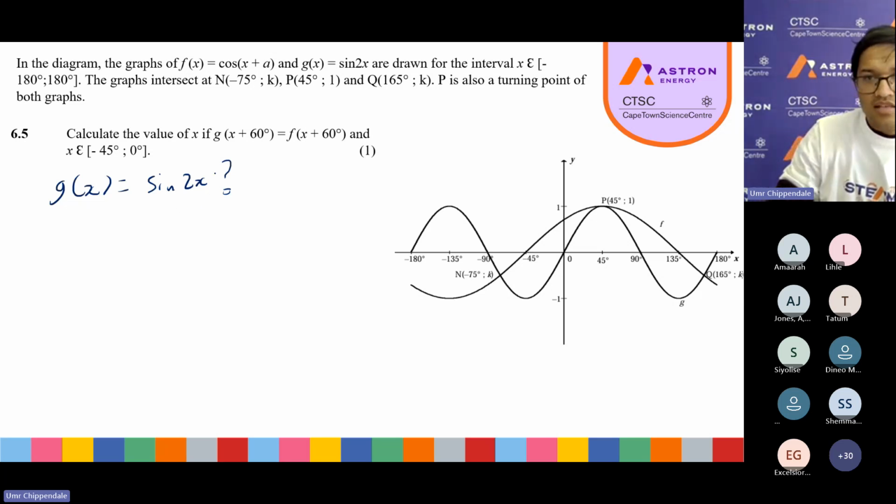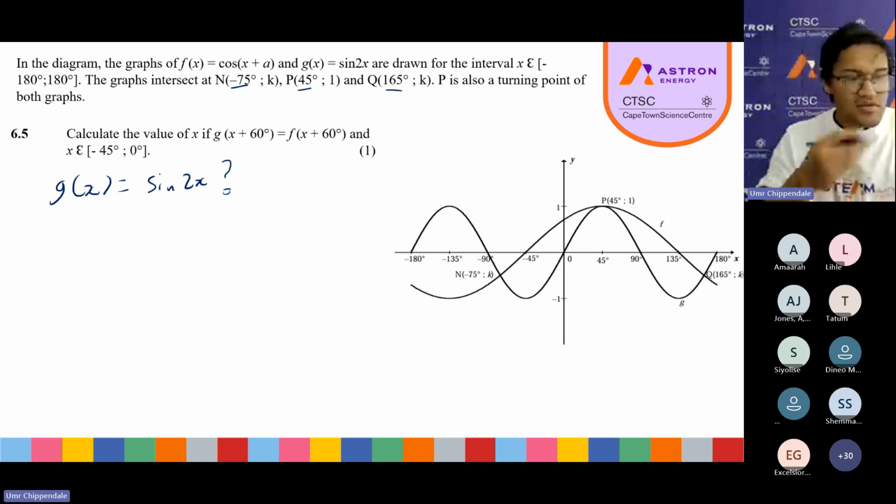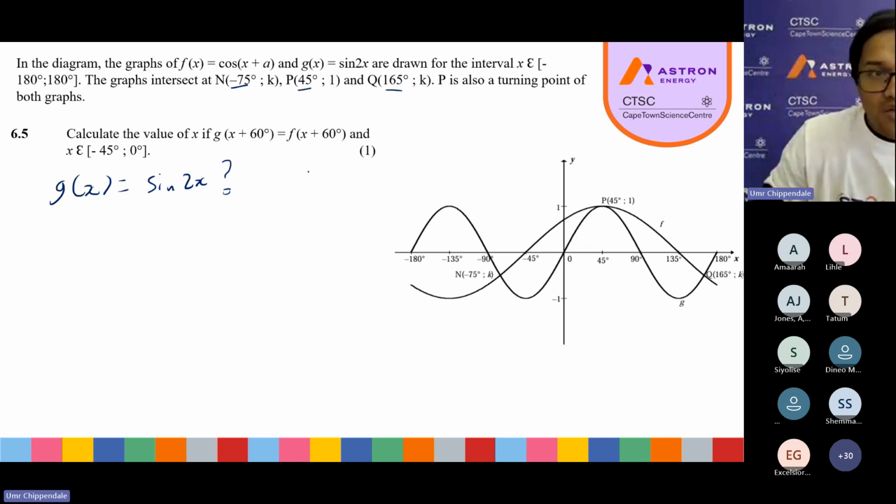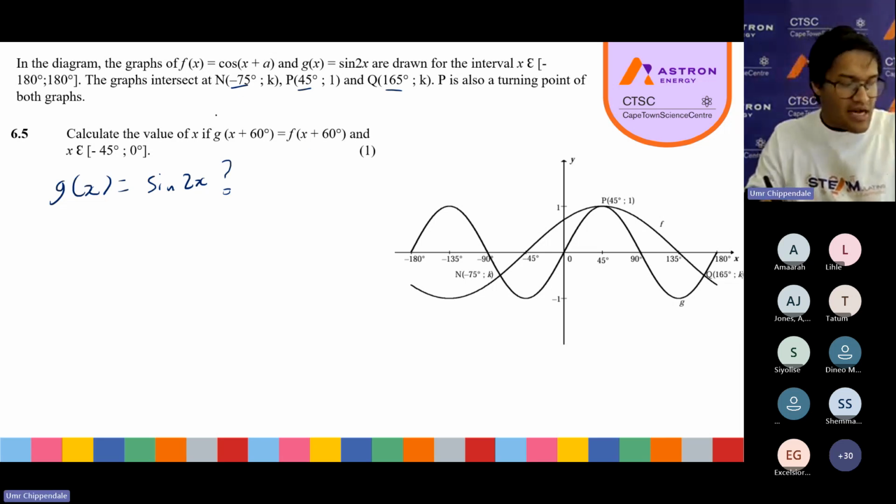We saw that these points intersect at 3 different places: x is negative 75, 45, and this. If this graph moved 60 degrees to the left, all we have to do is move those points by 60 degrees. And that's how it's going to look.